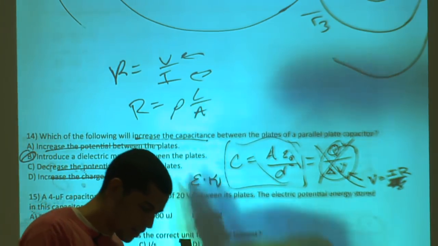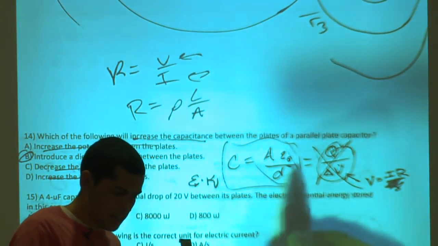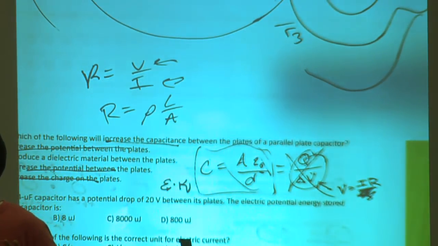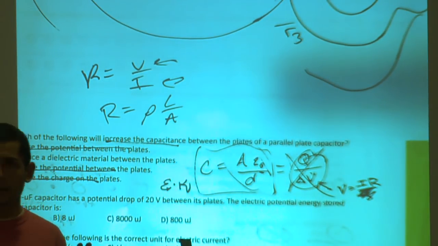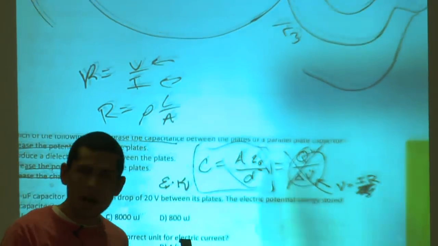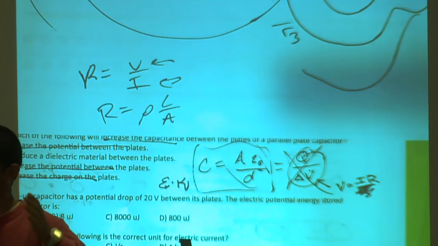E naught is our permittivity of free space, right? And that's 8.85 times 10 to the negative 12. That's through air. We use it not because there's nothing there, you know, the dielectric is not there.